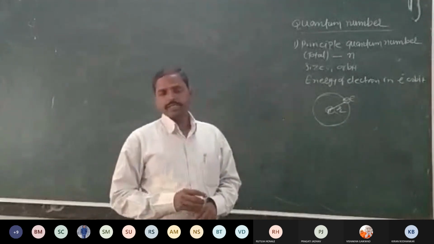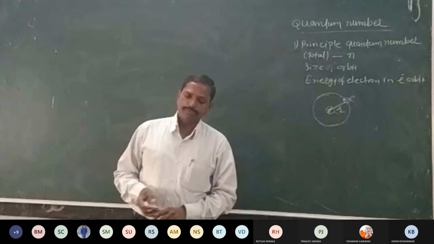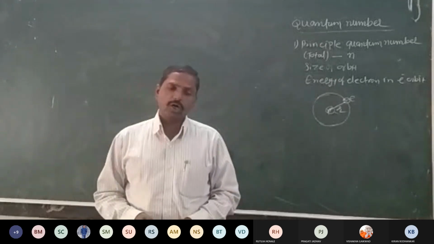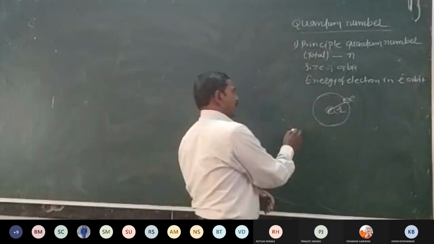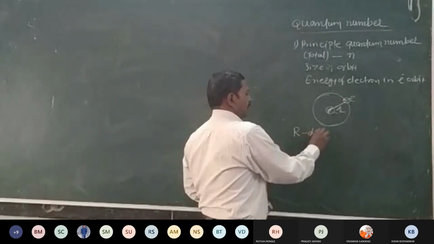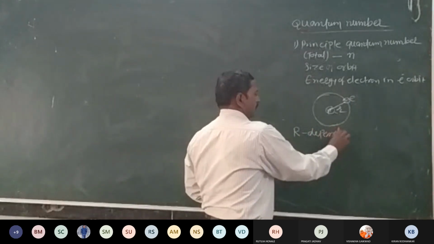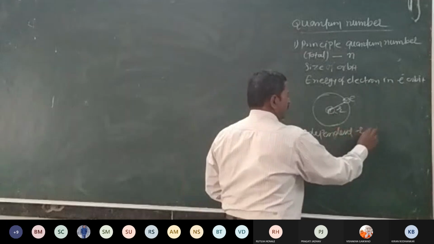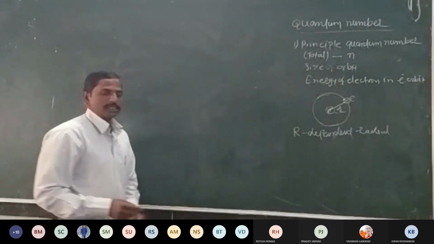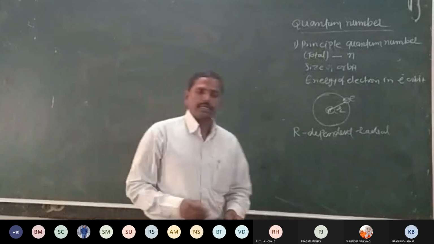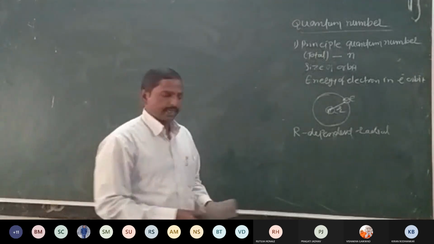One part is the radial part, which depends on radius, or we call it the r dependent part, or radial part. And we have to consider here the radial part of that Schrodinger equation.